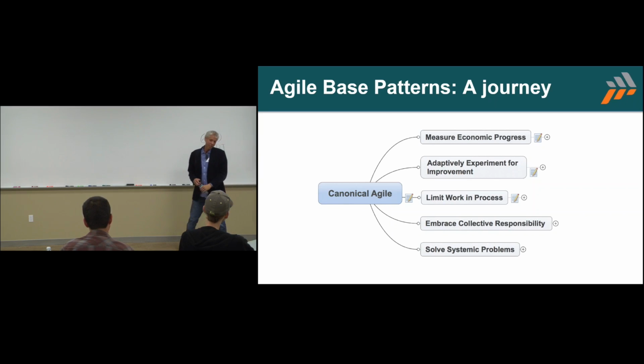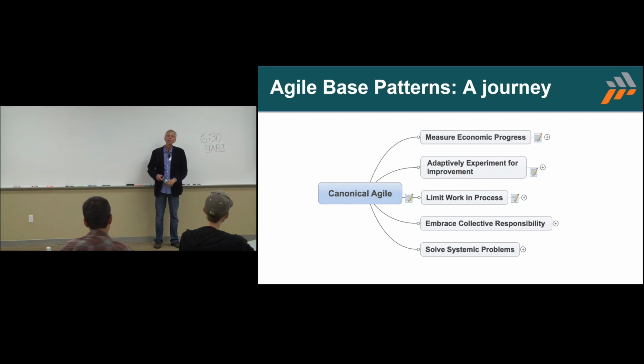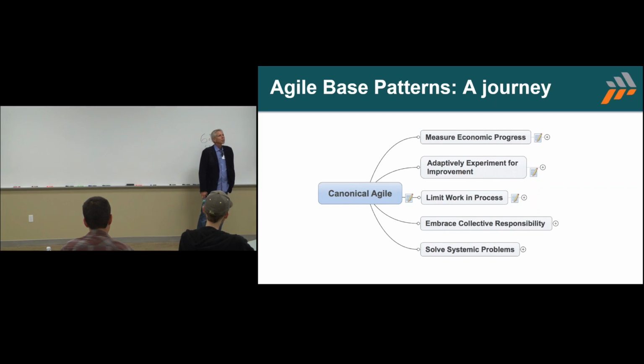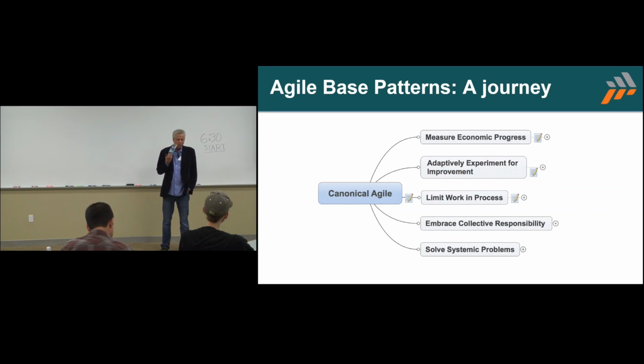Example of this is Toyota, which is a famous Agile company. Most of us think of it as a lean manufacturing company, but it's the source of a lot of this stuff. So they started doing just-in-time manufacturing back in, I want to say, the 40s or something. And they didn't build the tires themselves.